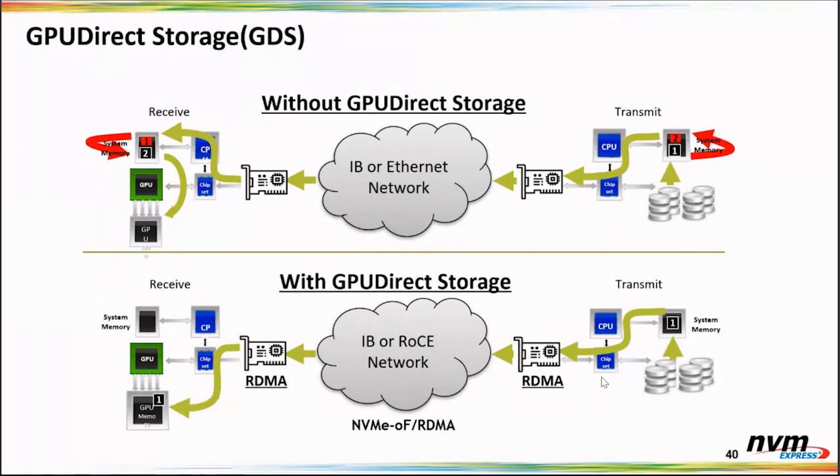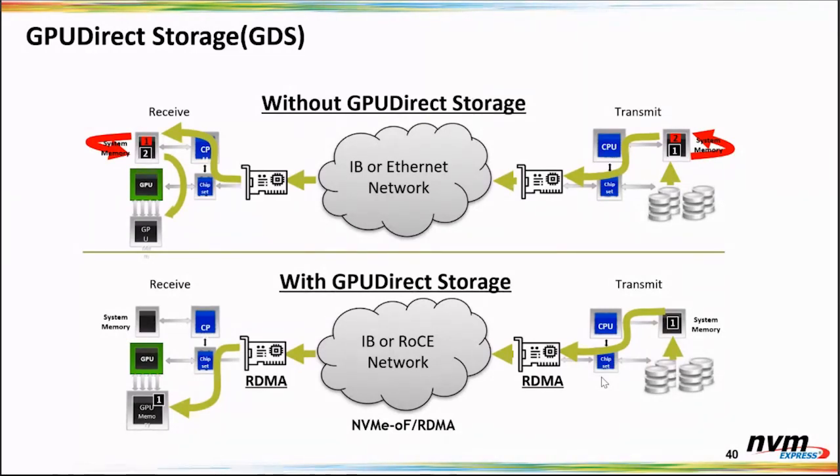With GPU Direct Storage, which is shown on the bottom here, most of those data moves are eliminated. The data is moved with the two network adapters using RDMA, their RDMA hardware offload, from the SSD driver memory in the storage system to the GPU memory across the network.